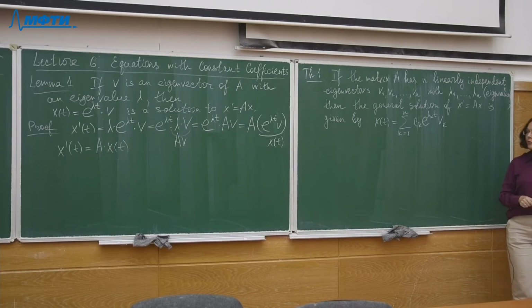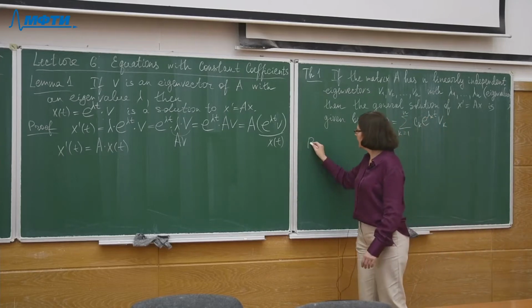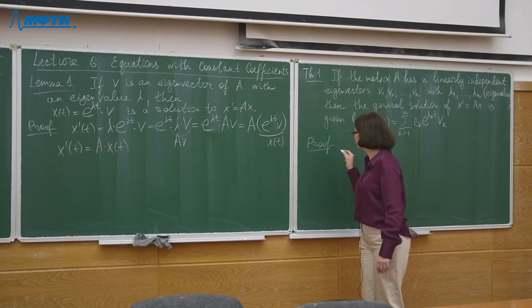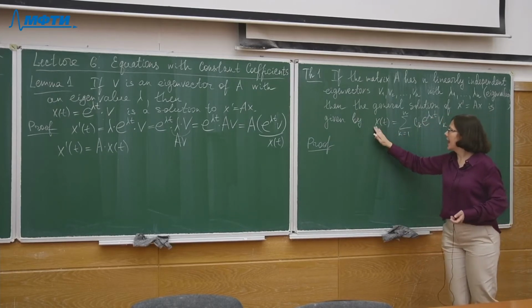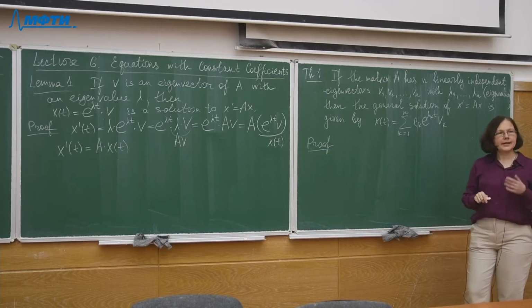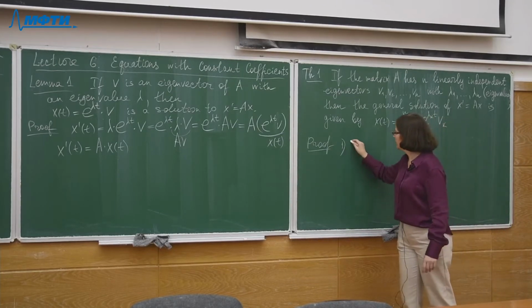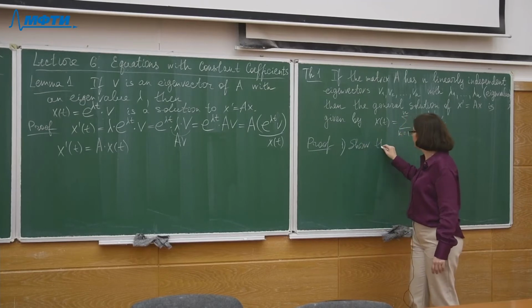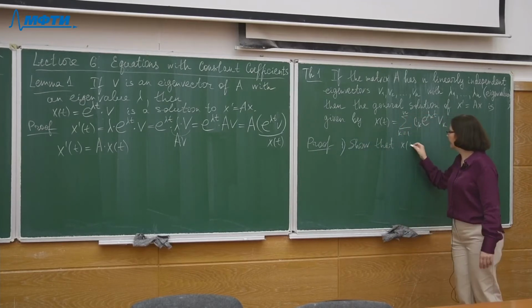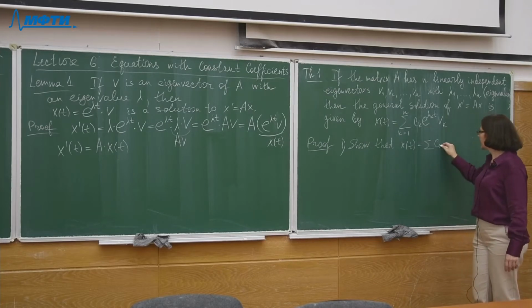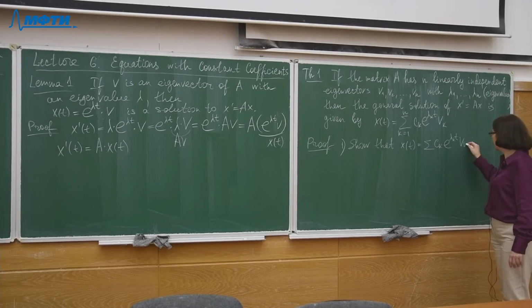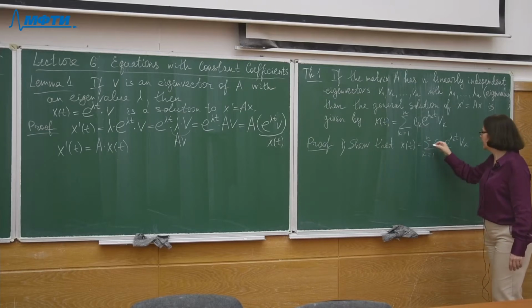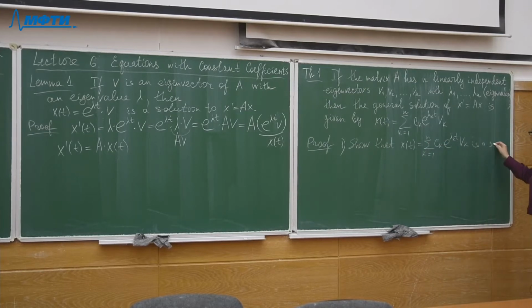Okay, I'm going to prove this. First of all, I'd like to show that any function of this form is a solution. The linear combination of c_k multiplied times e to the power lambda_k t v_k, k runs from 1 to n, is a solution.